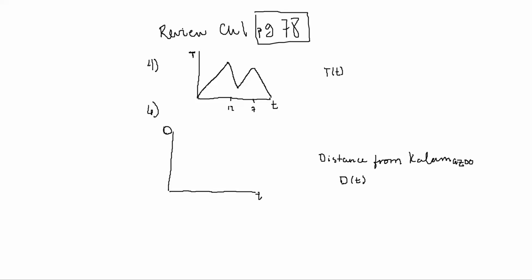When you are passing through Kalamazoo, the distance from Kalamazoo is going to be 0. So this is at Kalamazoo. And this happens at, we don't really know what time exactly. I'll have to Google it and look at it later.